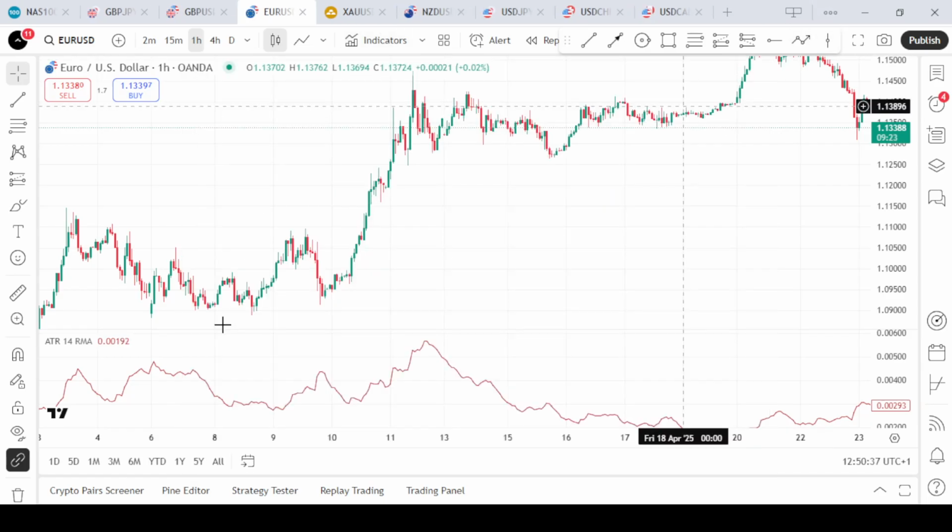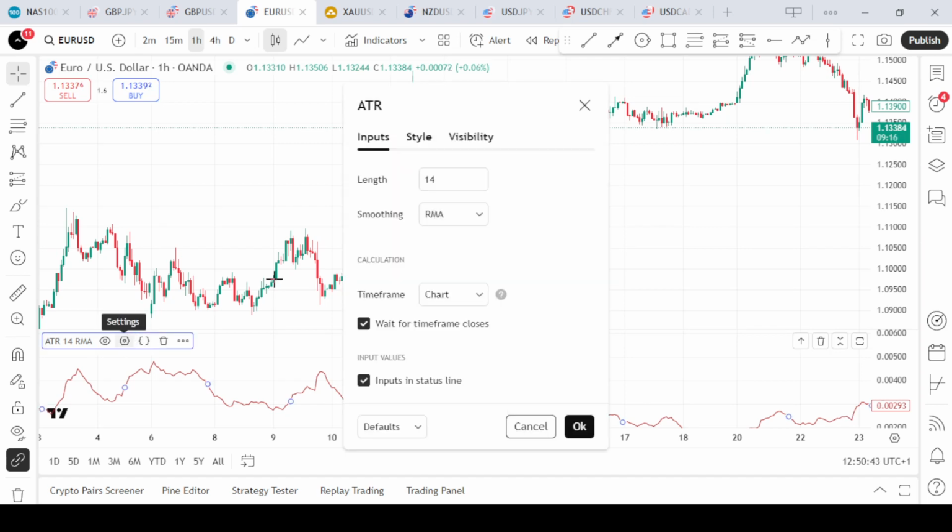Then make sure it has the default setting of length 14. For scalping, you can shorten it to 5 or 10. If you are a scalper, you can shorten this length to 5 or 10 to help you capture more recent volatility.